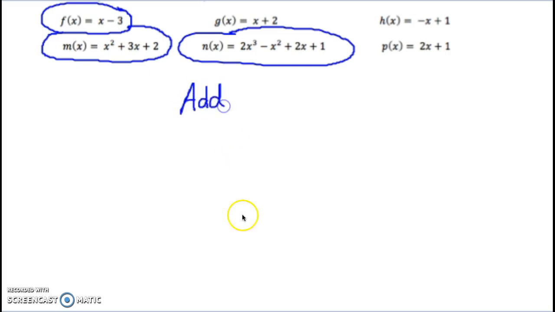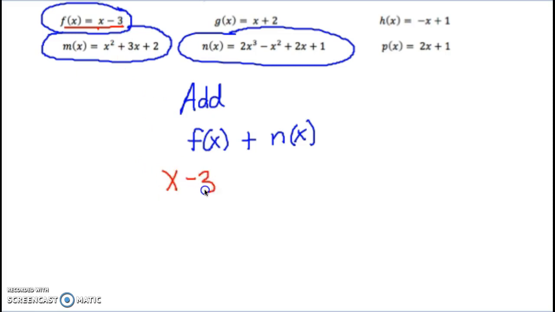An example of adding polynomial functions would be f of x plus n of x. We're going to take our function f of x and plug it in. We'll use red to plug in f of x as x minus 3. Just to save us heartache later, we are going to use parentheses when we plug into this equation.